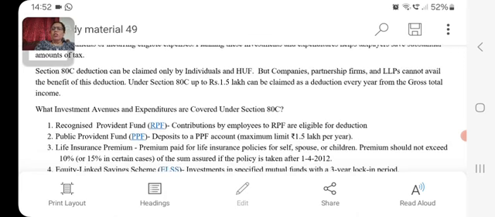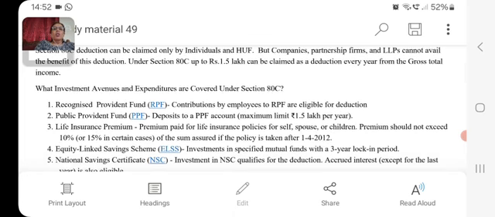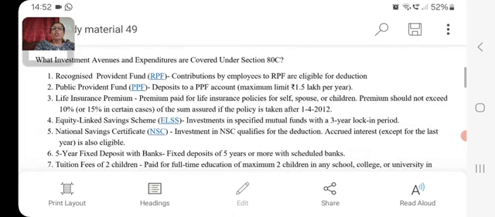So let us go through the various provisions, that means various investments or savings through which the assessee can claim deduction under Section 80C. So here you can see the list of various investment avenues or expenditures which are covered under Section 80C. The first important thing is recognized provident fund. Let me explain the different types of provident funds together.